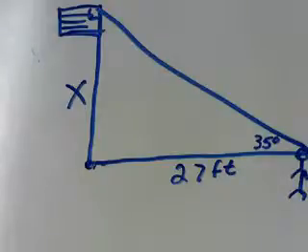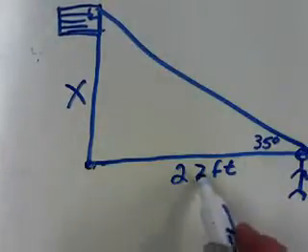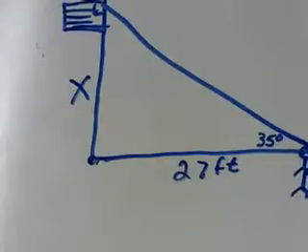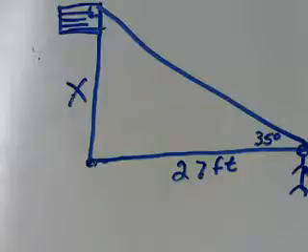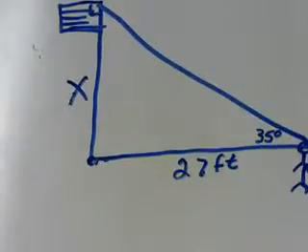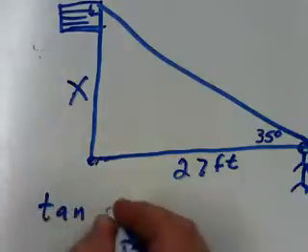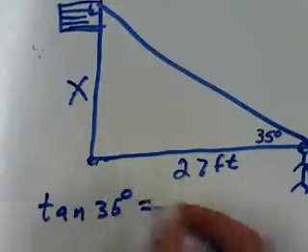So how does the 27 relate to the angle of 35? How does the x relate to the 35? So what function relates opposite and adjacent? Tangent. So I'd have tangent of 35 degrees equals x over 27.